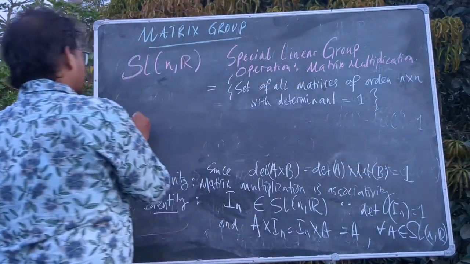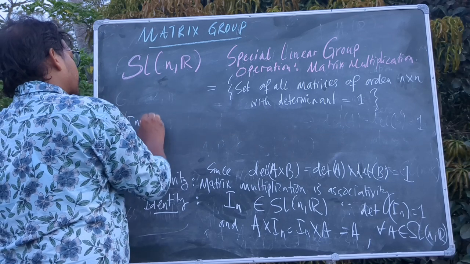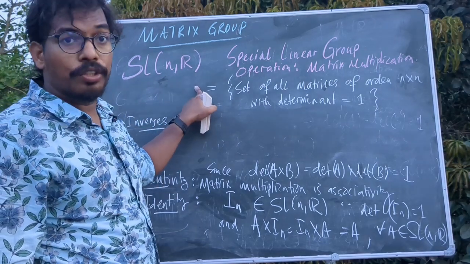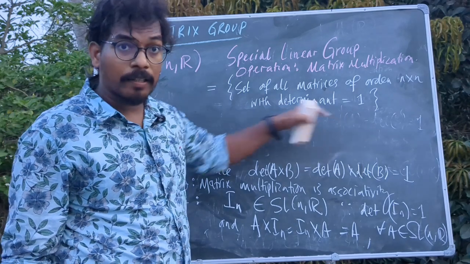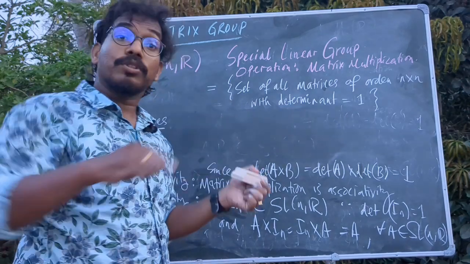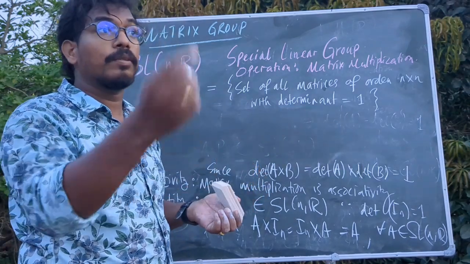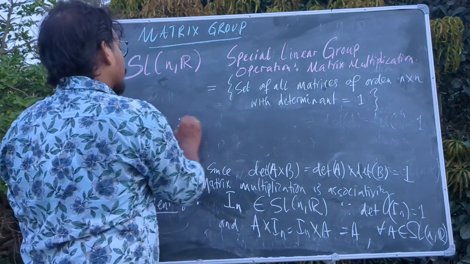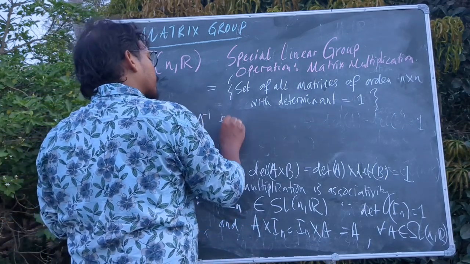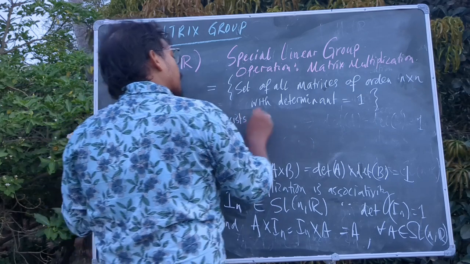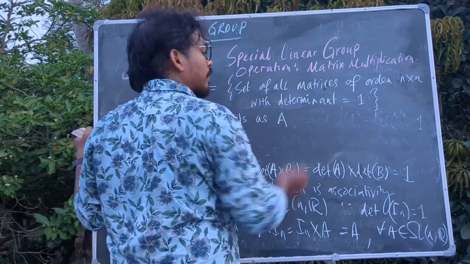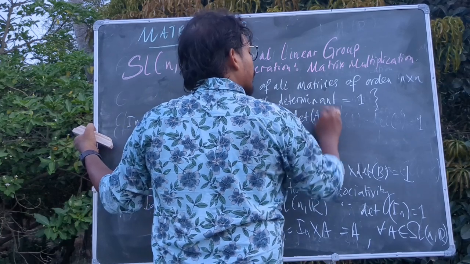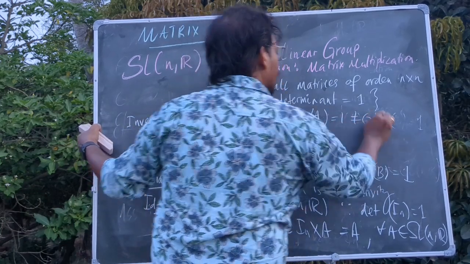Inverses. Since this is a matrix with non-zero determinant, its determinant is 1, so its inverse will also exist, because there exists an inverse for matrices which have non-zero determinant. So A inverse exists as determinant of A equals 1, which is non-zero.